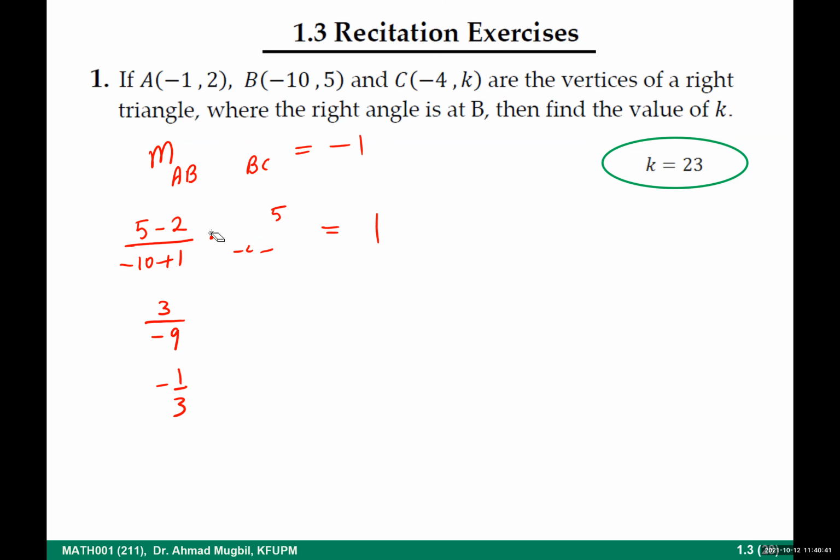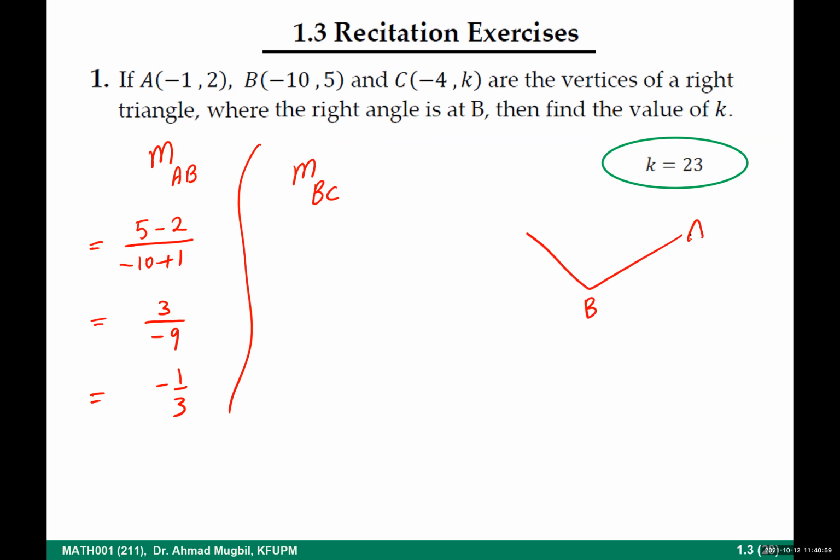Let me do it for you this way. So here we are. This is the slope from A to B. Now the slope from B to C should be equal to what? This is B, this is A, this is C, for example. This will be the right angle.